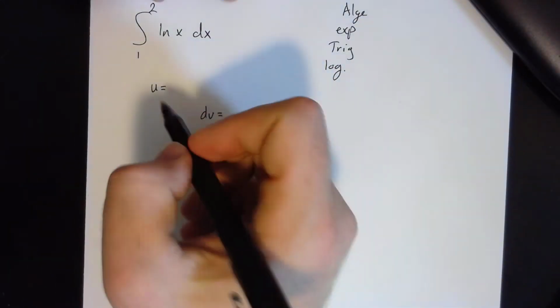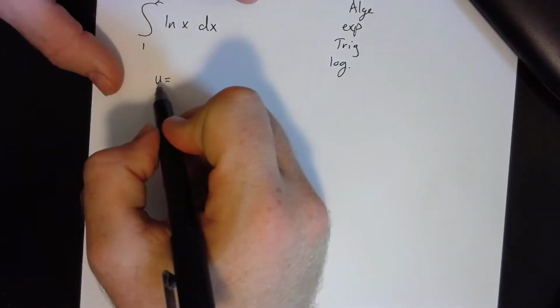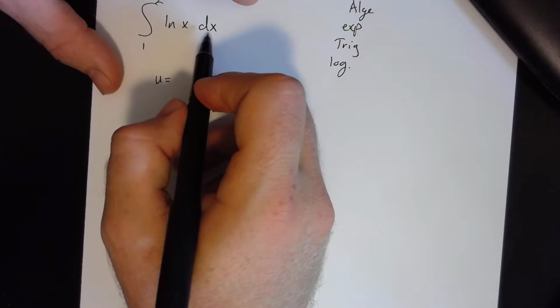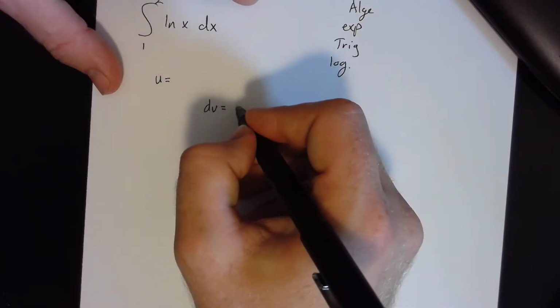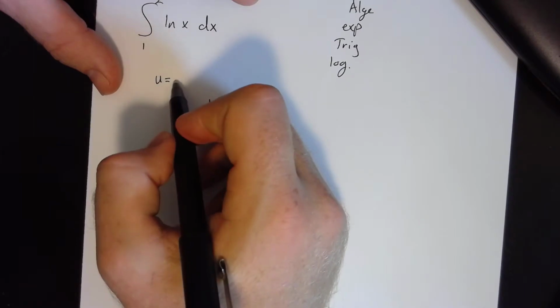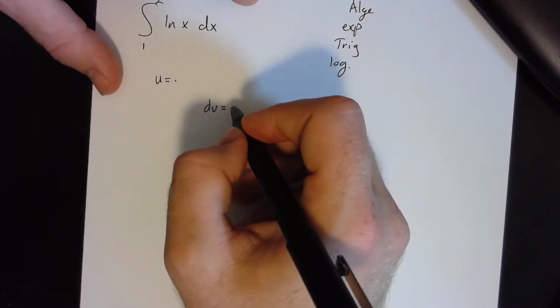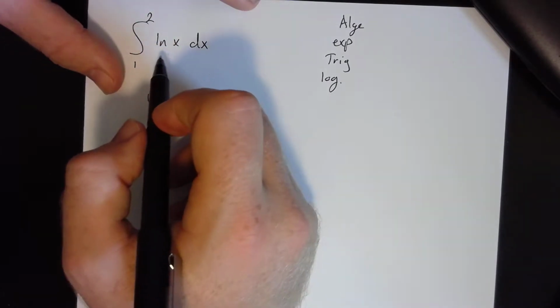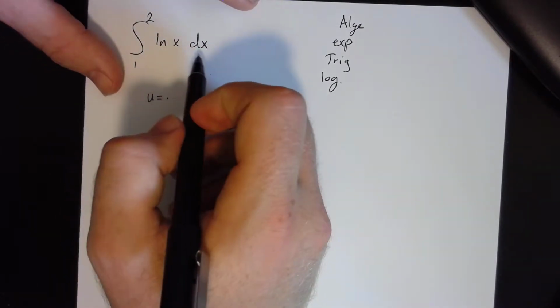But in this particular case, if we try to let u equal the natural log of x, the statement ends up being, well, what's left for the dx piece? Well, it would just be 1 dx. So the argument here was I could let u equal the natural log, or I could let dv equal the natural log. But again, if we're looking at this problem, off the top of your head, you do not know the integral of natural log of x.